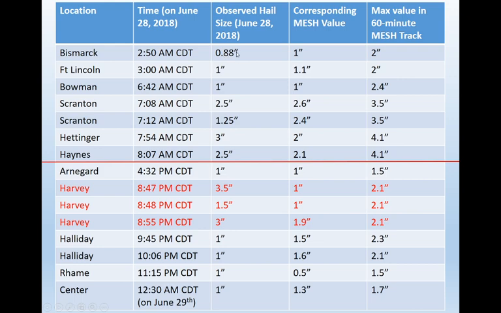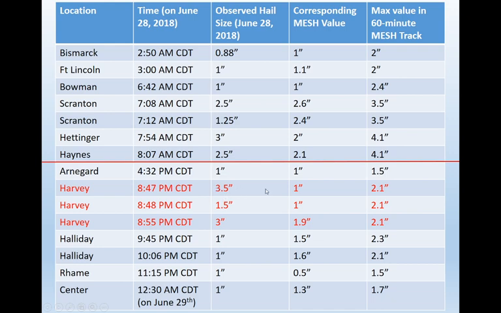And like I said, you'll see for storms in the morning, MESH was doing pretty well for most of these. Really not doing a bad job, maybe a little on the high side when you're looking at the cores of those MESH tracks. And then what I want you to focus on is this Harvey supercell, where we were observing 3-inch hailstones, even hailstones up to 3.5 inches.